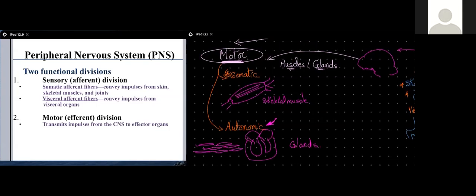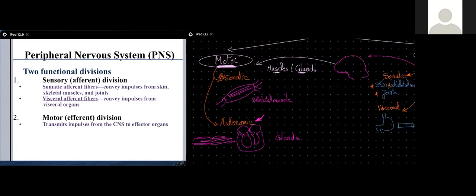So think of it in a different way on here. Which one do you have a voluntary control on? Your skeletal muscles or your smooth muscles, cardiac muscles, and glands?